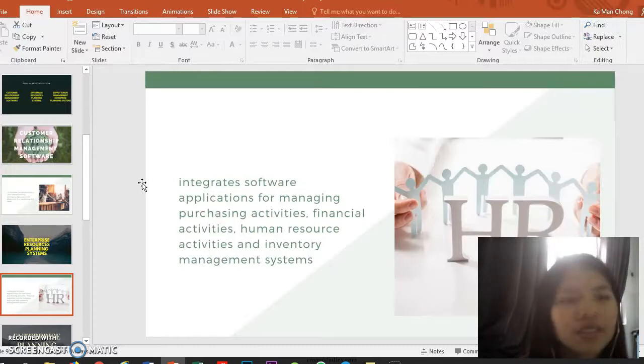ERP provides an integrated and continuously updated view of core business processes using a common database maintained by a database management system. ERP systems can track business resources such as cash, raw materials, production capacity, and the status of business commitments such as orders, purchase orders, and payrolls.